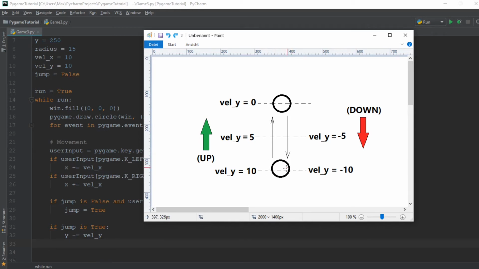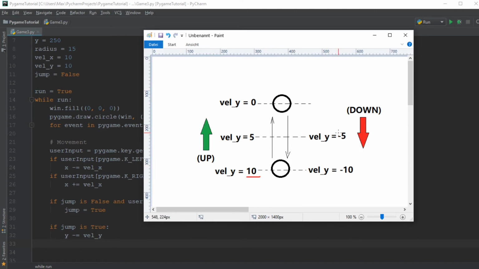So we're starting out at the bottom, and at the bottom, when we're moving up, we have a velocity of 10 pixels per while loop iteration. And when we move up, we want to decrease the velocity in the y direction. And when we get to the very top of the jump, we are basically stationary, and there's a velocity of 0. And after we have reached the very highest point in our trajectory and start moving back down again, we want to increase the velocity again.